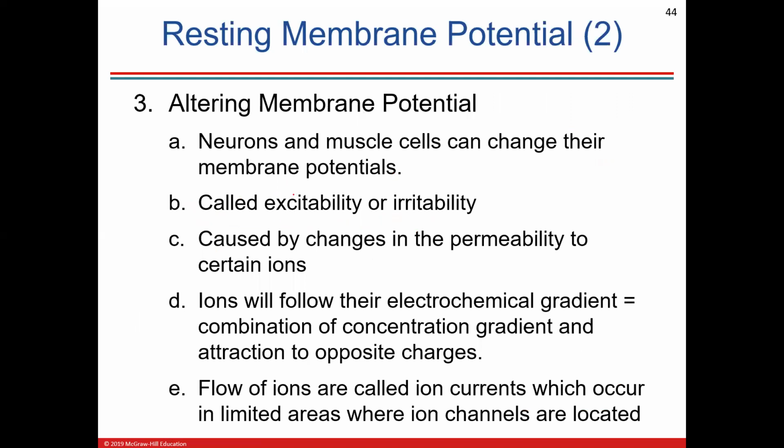Altering the membrane potential. So neurons, and we really didn't talk about muscles yet. Muscles and neurons both have excitable membranes. Not every cell can do this. Not every cell works on this electrochemical gradient. We discussed all of the transport mechanisms in the cell membrane. But these are the real excitable cells, and we're going to talk mostly about neurons.